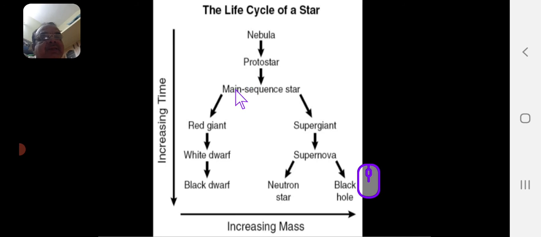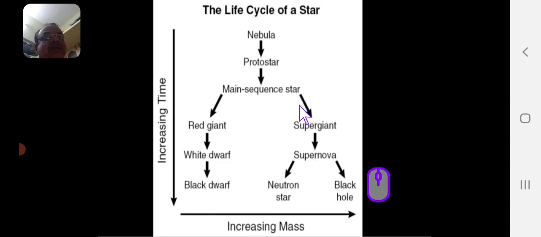When they arrive at the main sequence, the stars remain there for about millions of years. After billions of years, some of the stars' temperature decreases and they go to red giants. Some of the stars after red giants acquire the white dwarf stage, and after that they become black dwarfs.